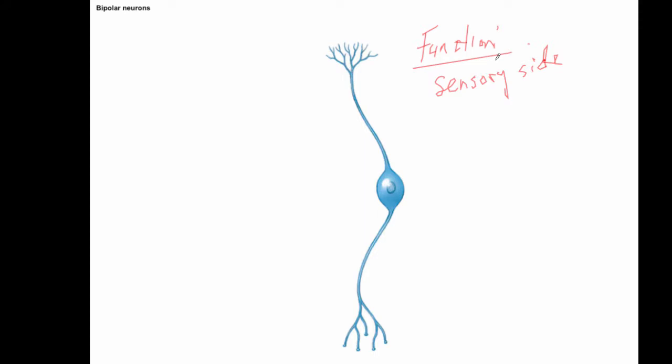Now, the bipolar neurons are actually associated mainly with what type of processes? Vision, smell, hearing. So they're associated mainly with special senses. That's where we're going to find most of those bipolar neurons. So from a functional class, they're sensory.